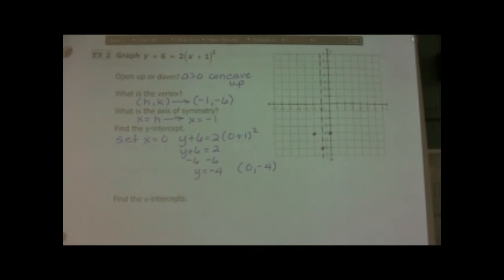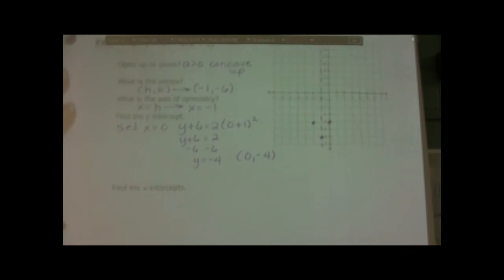The last thing I'm going to do is find my x-intercepts. This is where we're going to set y equal to 0. All right, so we have 0 plus 6 equals 2 times (x plus 1) quantity squared.